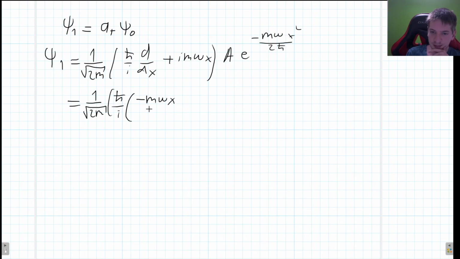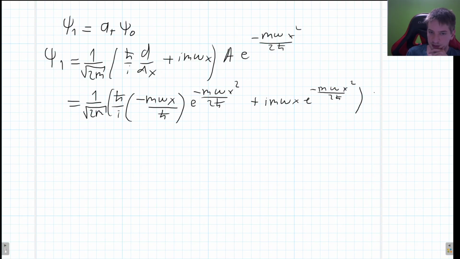It's going to be 2x, but the 2 is going to cancel out the 2 in the denominator, and this times e to the minus m omega x squared divided by 2 h bar, and then we have the second term, just i m omega x times e to the minus m omega x squared divided by 2 h bar, and all of this times this constant a.